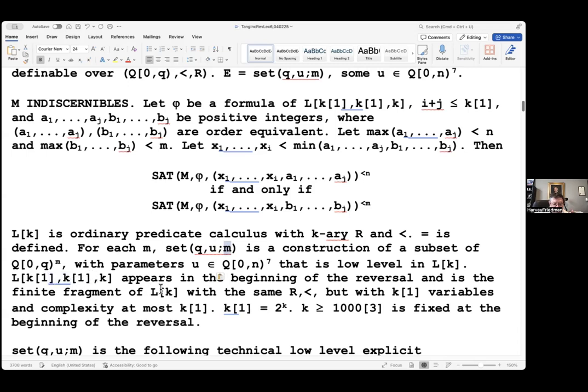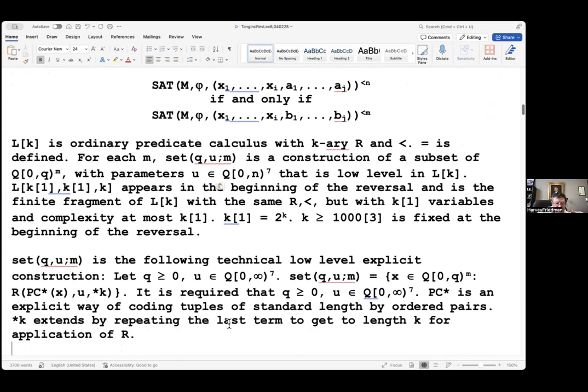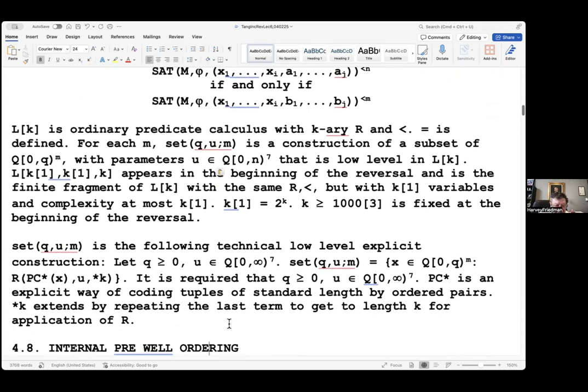And this language appears in the beginning of the reversal, as I told you, as a finite language. Okay. Now set Q, 0, M is the following technical low-level explicit construction.